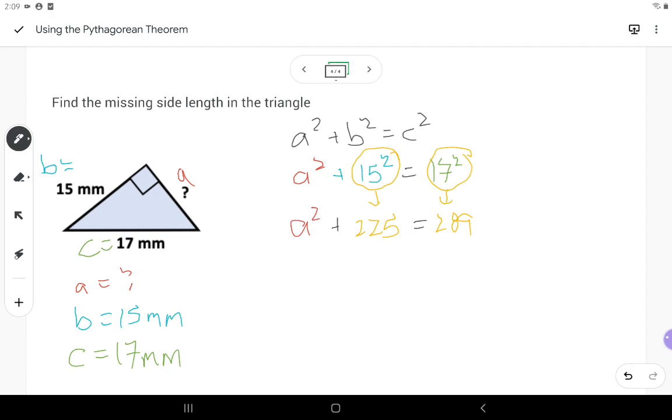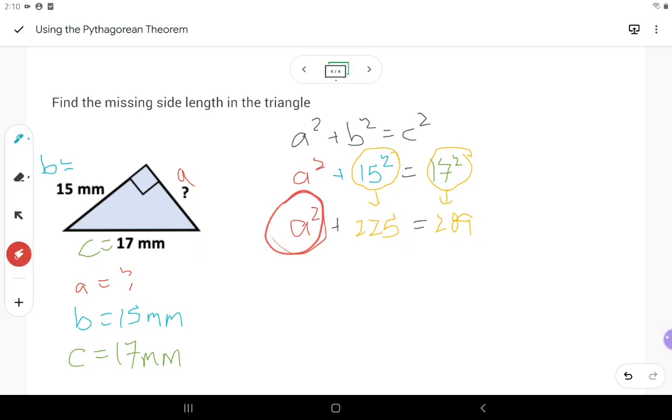What I need to do here is get a squared all by itself. I need to figure out how big that area of the square off of a is. Now I could probably see and say, well, I've already got 225. How much more do I have to add to it to get it to turn into 289? But again, we also just spent a whole unit solving equations. I can say this is my unknown.